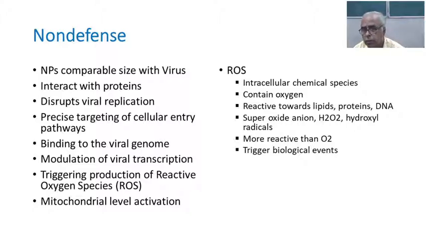They are very reactive towards lipids, proteins, DNA. They are more reactive actually than oxygen. They can be superoxide anions, hydrogen peroxide, and hydroxyl radicals also. And they are responsible for triggering a variety of biological events inside the body.